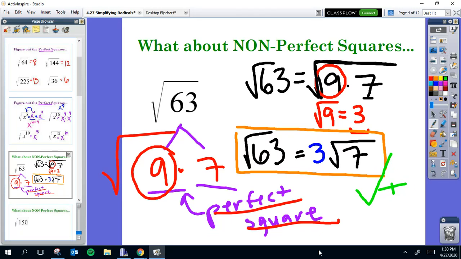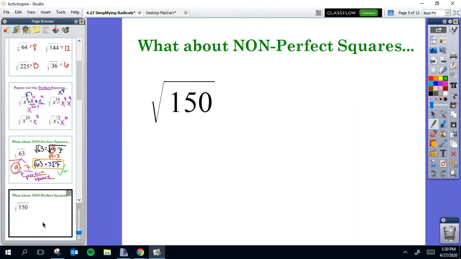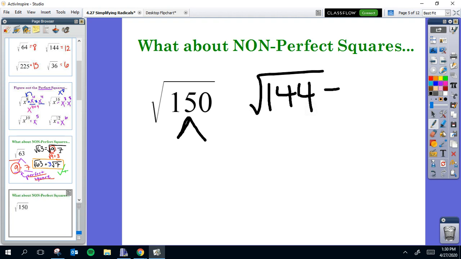All right, so let's try another example. Same thing that we did before. We're trying to figure out what numbers go into 150. So like I said, this isn't a perfect square. We know, for example, the square root of 144 equals 12. This 150 is a non-perfect square.